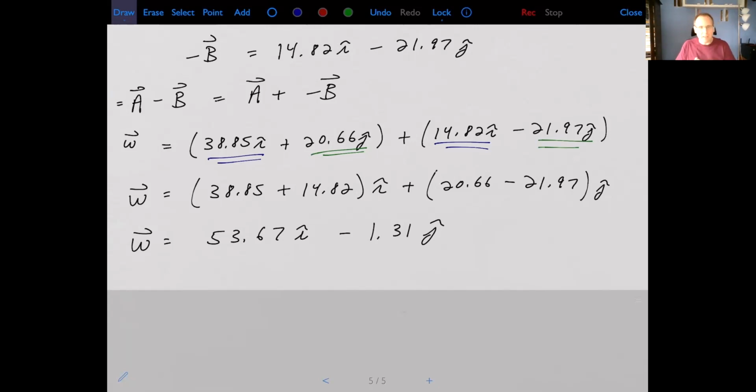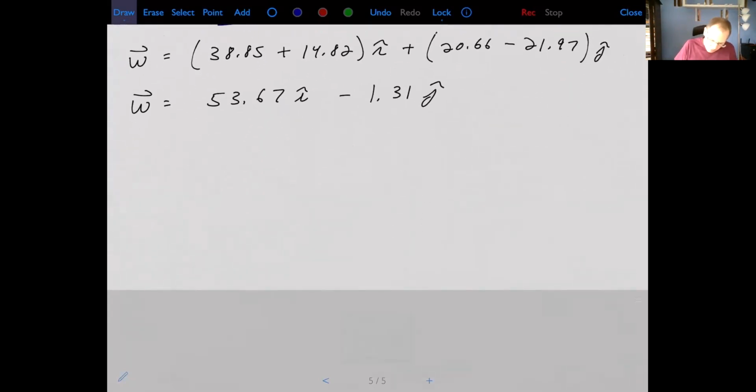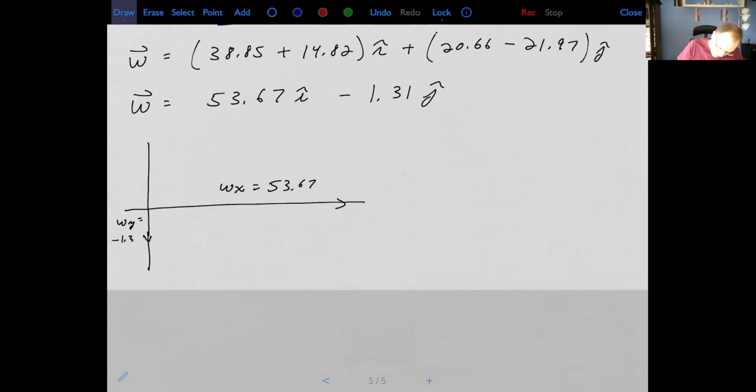Now, if we want it in magnitude direction form, we can do that, right? So again, I would draw this out. So vector W looks like this, right? It looks like WX is 53.67, and then WY is negative 1.31.